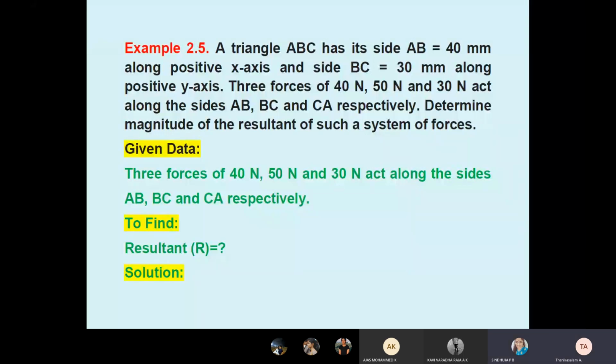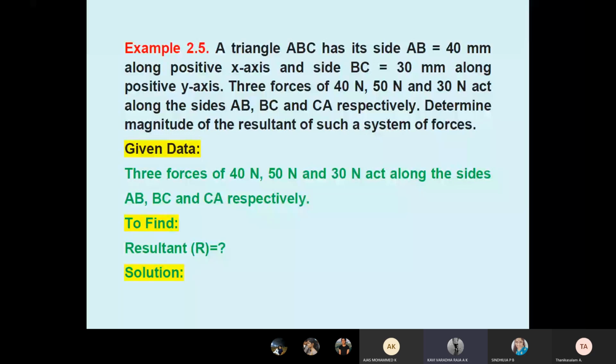Kaviraja, can you read this problem? Sir. Read the problem. Yes, sir.